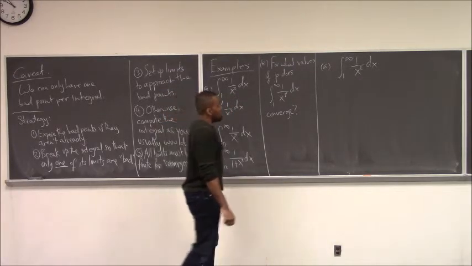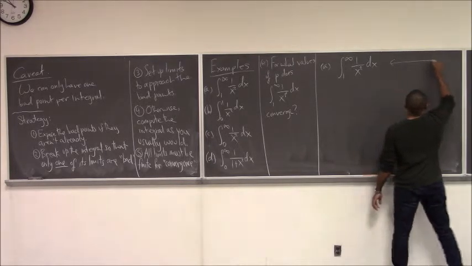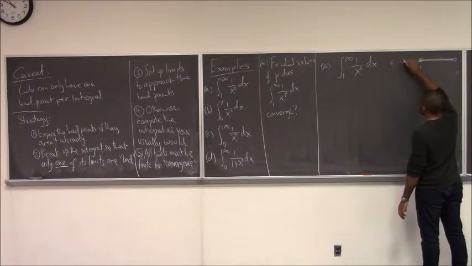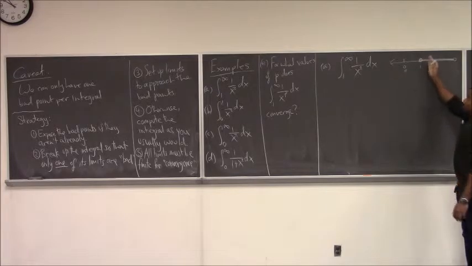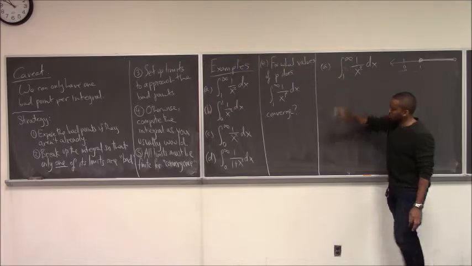So we know x equals 0 is bad news, but we're actually on the interval from 1 to infinity. So we start at 1 and we are going onwards. 0 is a bad point, but it's not in our interval of consideration, so we don't have to worry about it. The infinity is the issue though.